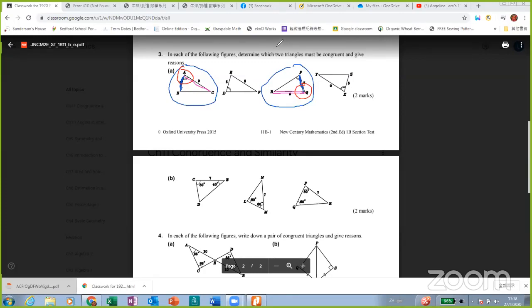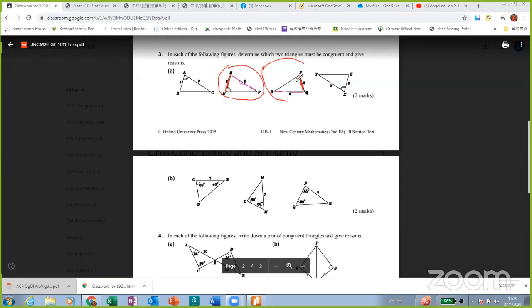And then you try to compare the triangles in this way. How about if I compare these two together like that? This length corresponds to this length, and then 9 units is here, 9 units is here, right?